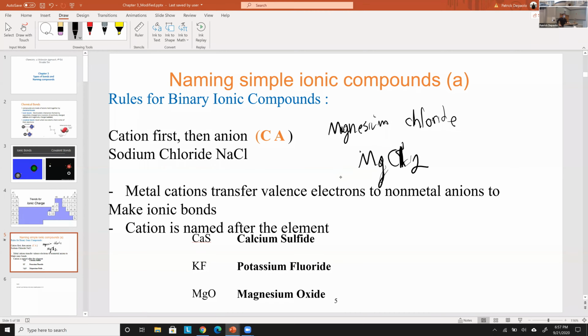Magnesium, as we learned, Mg, is 2+, and chlorine is -1. So the only way for magnesium to cancel out is if you have 2 chloride anions, because -1 and -1 cancel out with +2. So ionic bonds only have one way of working out. That's why there's no need for prefixes.